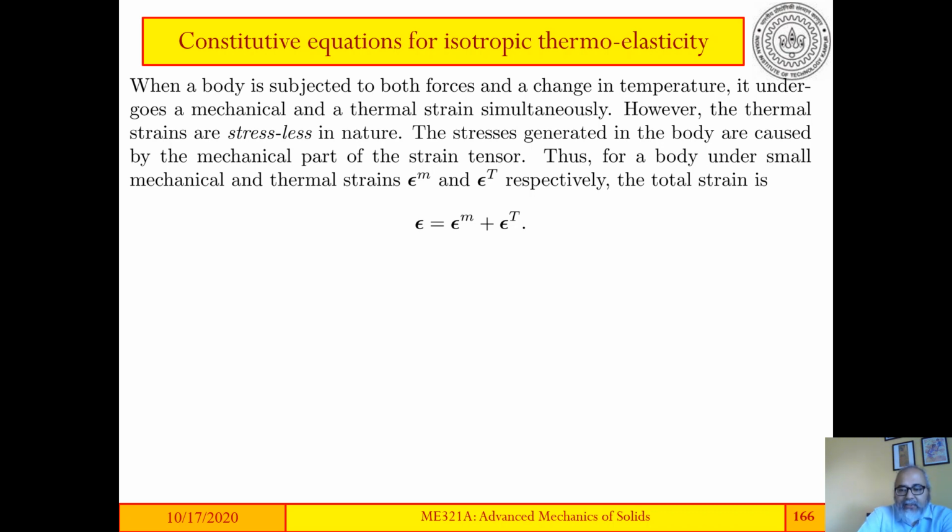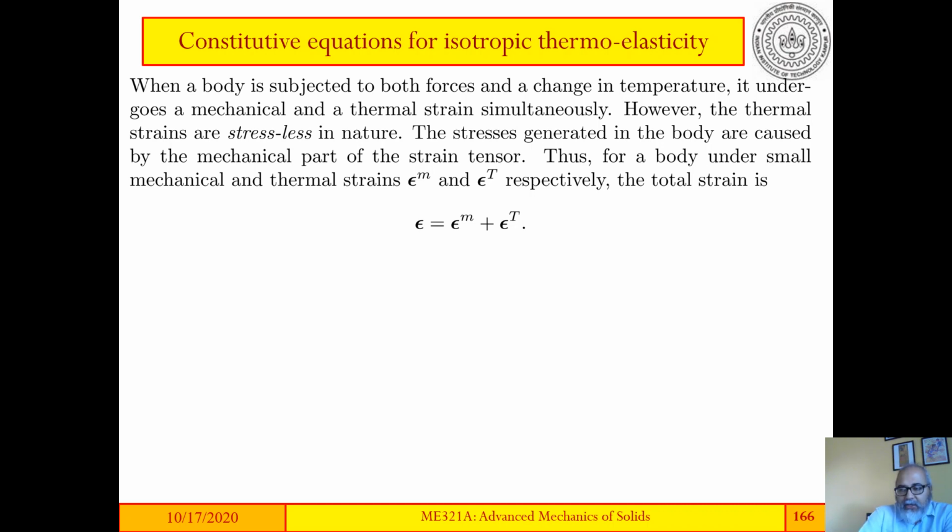What I mean by that is that if you take a block of material and then you heat it by some temperature delta T, then it undergoes a strain. It expands in the three directions, but it does not generate any stress in the material. So that's why it is called stress free.